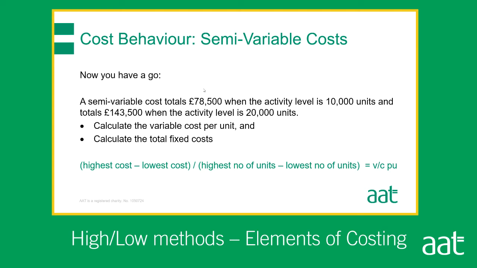Aga's just asked if this is level 3. This is most applicable to level 2 students. This is a level 2 module, but yes, this will come up again at level 3 and level 4, so a good revision. The high-low method is used throughout. If you're studying any of the management accounting modules at the other levels, then this is applicable.